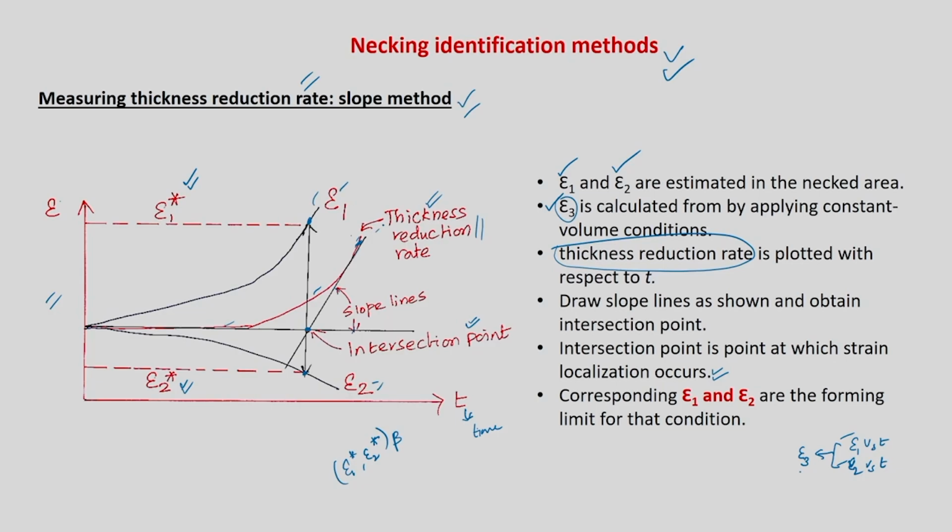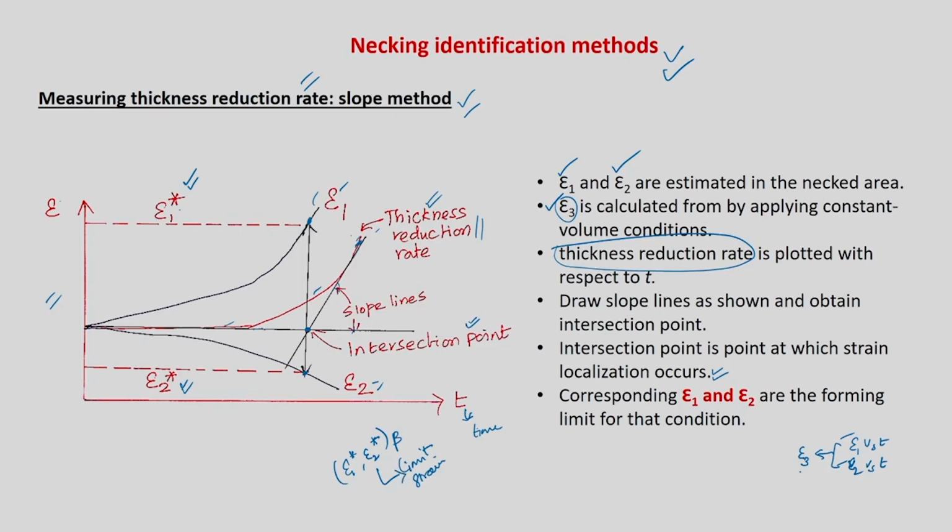From epsilon 3 you get the thickness reduction rate, and if you draw the slopes for the stable and unstable region, they will have an intersection point. That intersection point tells you which epsilon 1 and 2 to pick up as epsilon 1 star and 2 star, the limit strain of that particular beta value, and you can change the beta value to get different limit strain values.